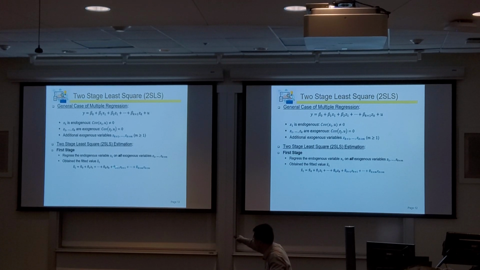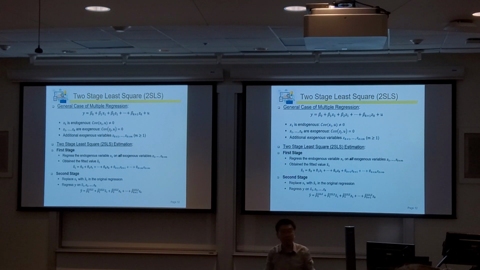You regress that, you get the coefficients, and then you get the fitted value. In the first stage regression, the dependent variable is the original endogenous X variable, so you can get the fitted value for that endogenous X variable.